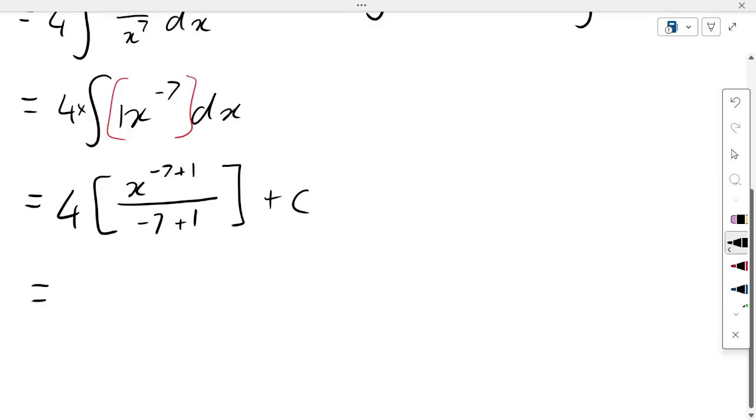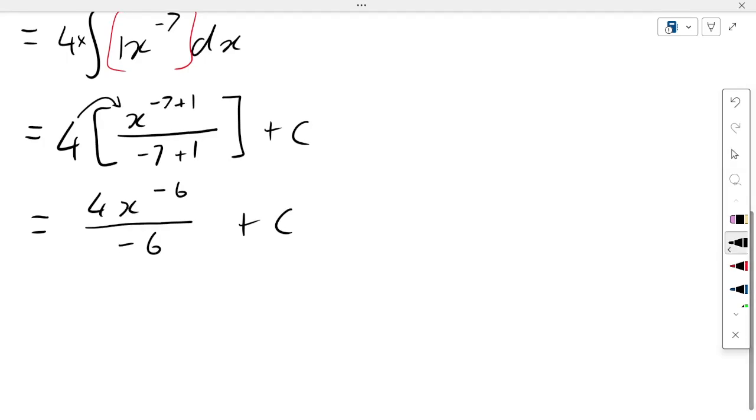So then this is just going to be equal to 4. So the 4 is going to go into the numerator like this. It's going to be 4 multiplied by x to the power of negative 7 plus 1, which is just going to be equal to negative 6, divided by negative 6 over here. And this is going to be plus c. And then obviously we can simplify further.